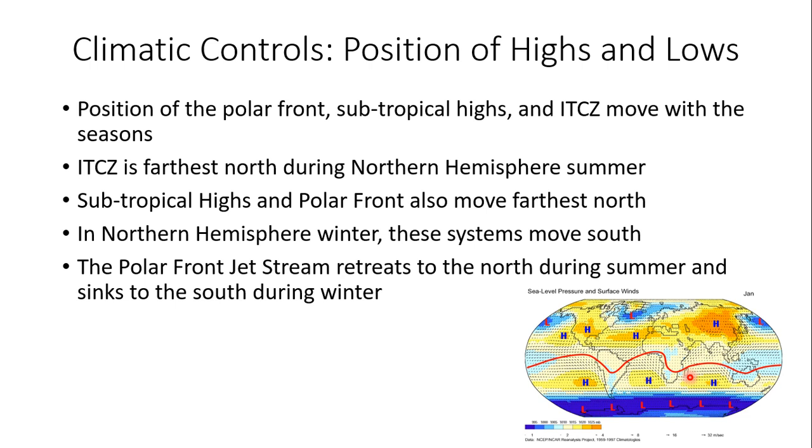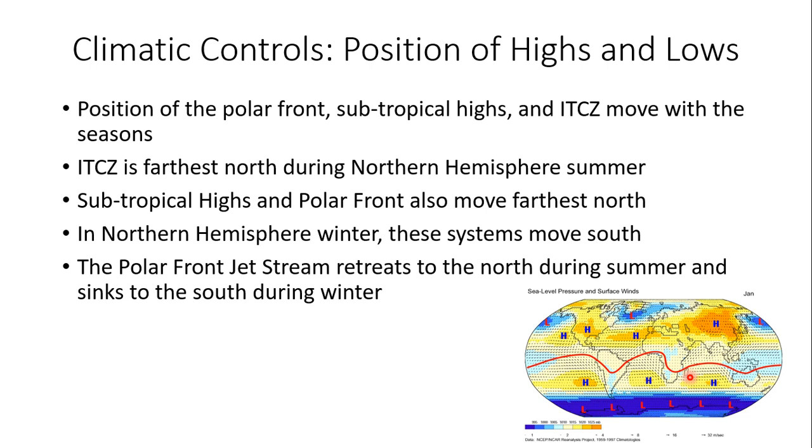The ITCZ is generally farthest north during the northern hemisphere summer, and farthest south during the northern hemisphere winter. So the ITCZ pivots slightly north of the equator in the northern hemisphere summer, to about 5 degrees south latitude in the winter season.